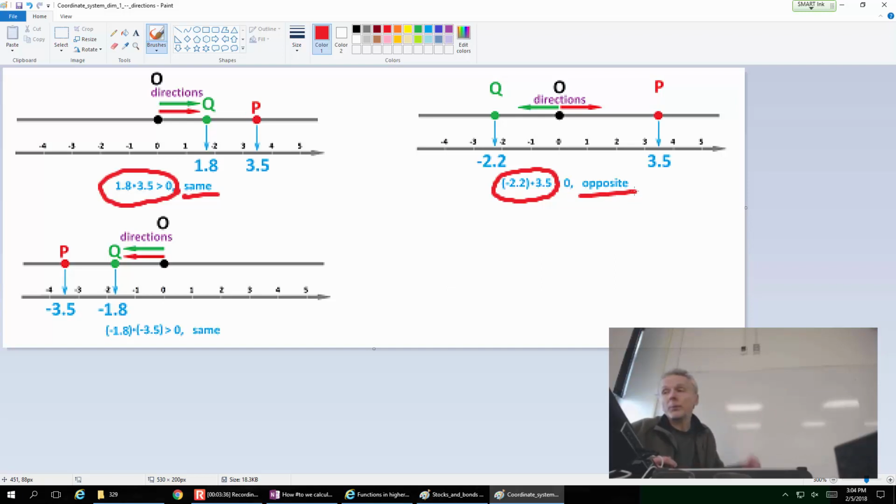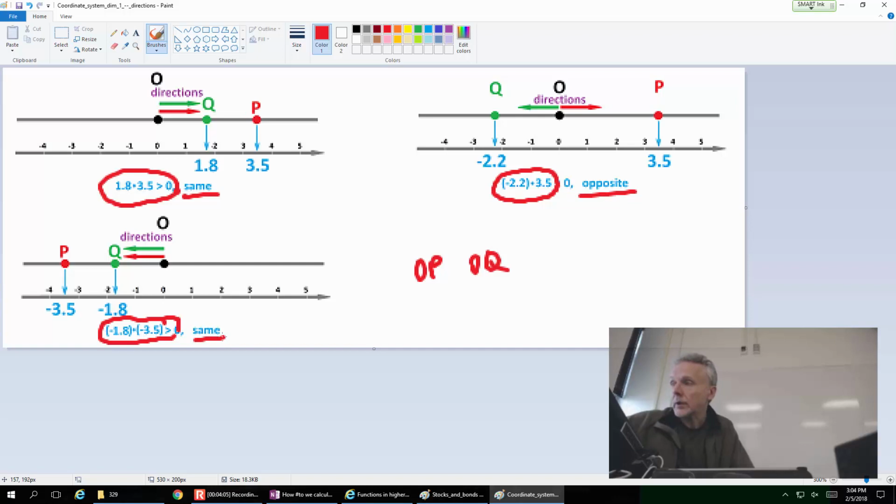So those points P and Q is really what we're talking about. We're talking about OP and OQ, two vectors, and we're looking at whether or not they have the same or opposite coordinates. So positive, positive, same; negative, negative, also the same; and then positive, negative, it's the opposite. Okay, and once again, magnitude doesn't matter because we're looking only at the sign.